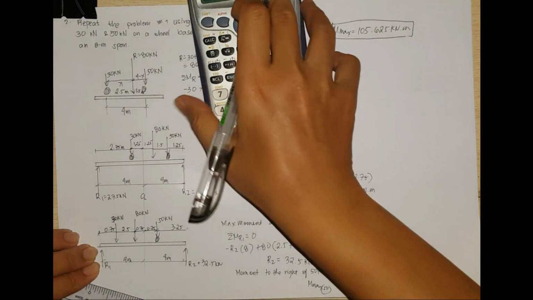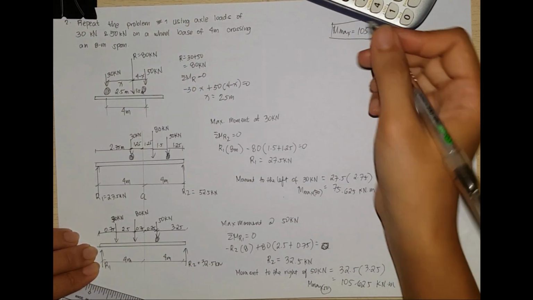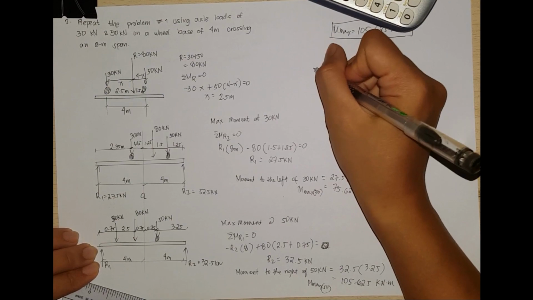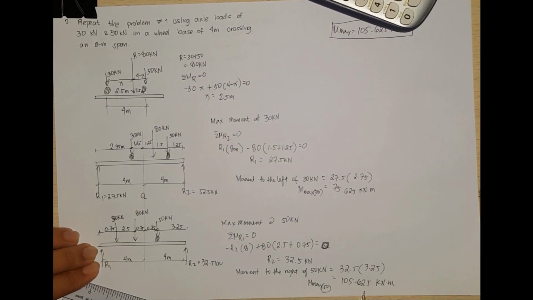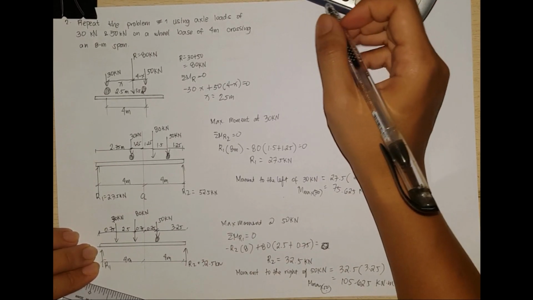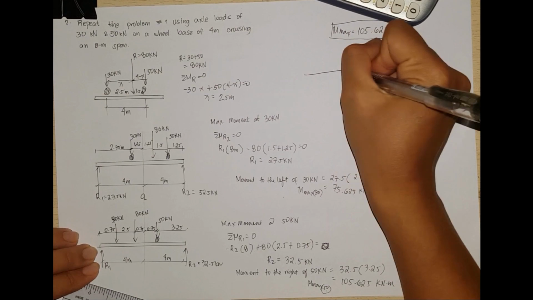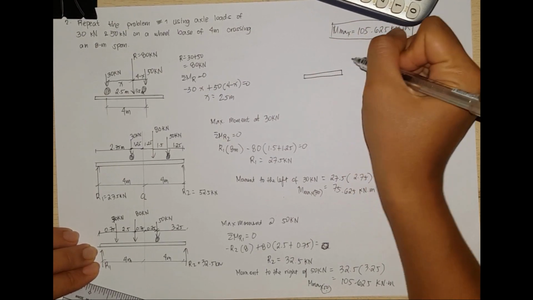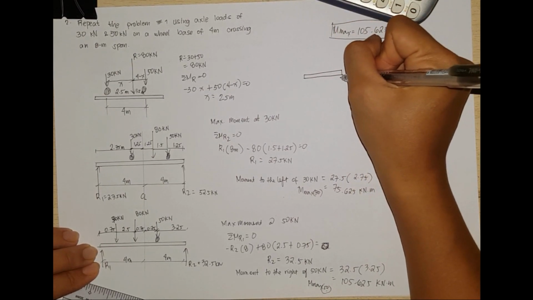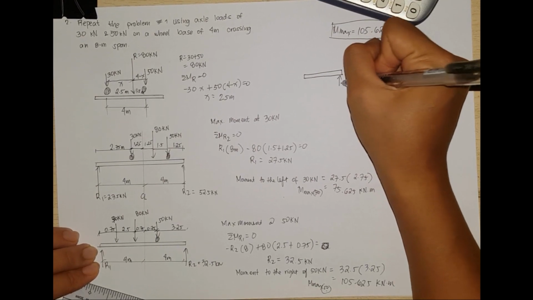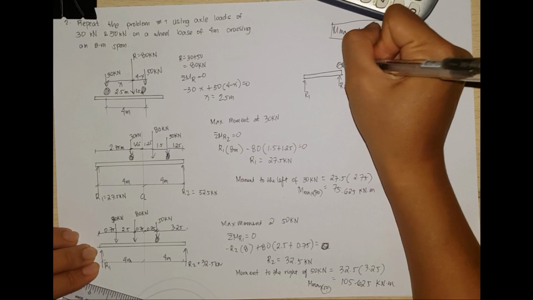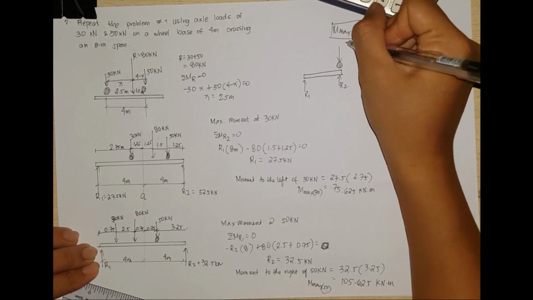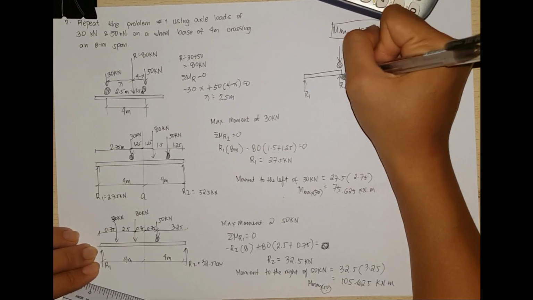And then again, let's get the maximum shear. Since nakuha natin yung maximum moment at 50, i-consider natin yung position ng ating 50 kilonewton at the right part. So this is R2, R1. Ito na yung 50 kilonewton natin. The maximum shear is positioned at the support.